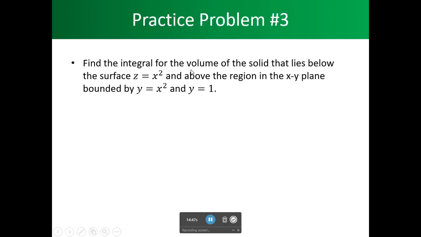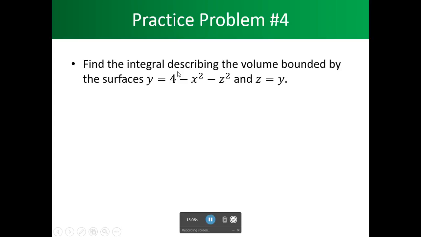Find the integral for the volume of the solid that lies below the surface z equals x squared and above the region in the xy plane bounded by y equals x squared and y equals 1.